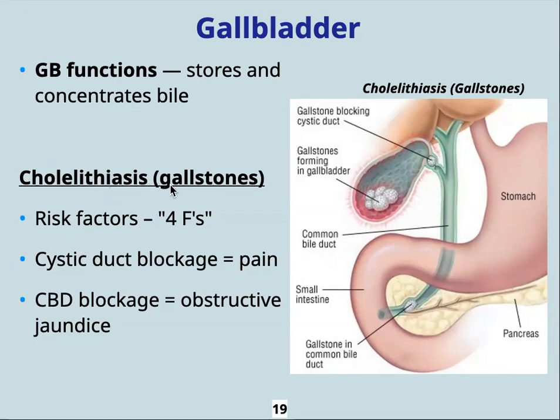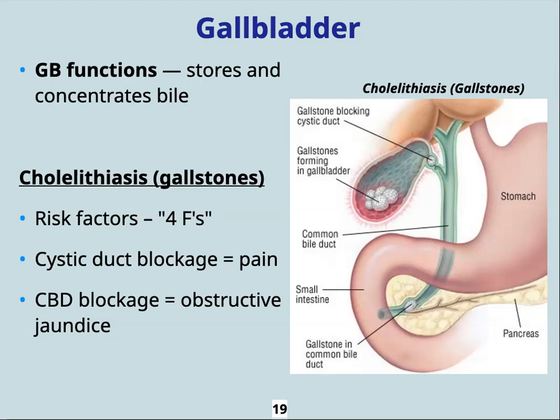Cholelithiasis, or gallstones, is where there's an obstruction of bile from the gallbladder due to a gallstone. And it can be very painful when the gallbladder contracts against an obstructing stone. And there are many different risk factors to this. It can be caused by too much cholesterol in blood, or too few bile salts.